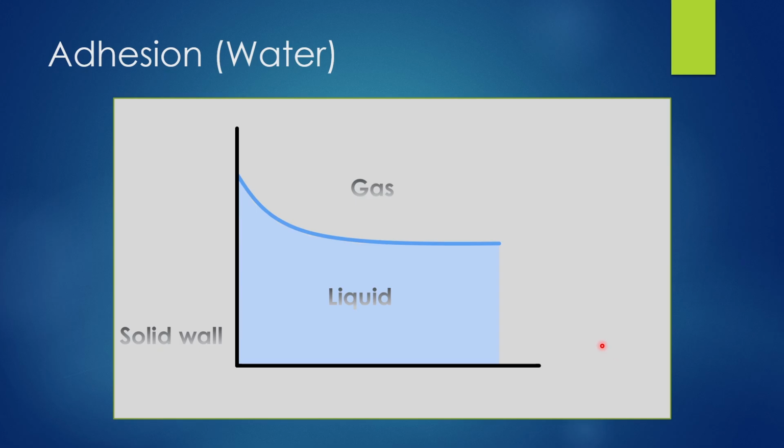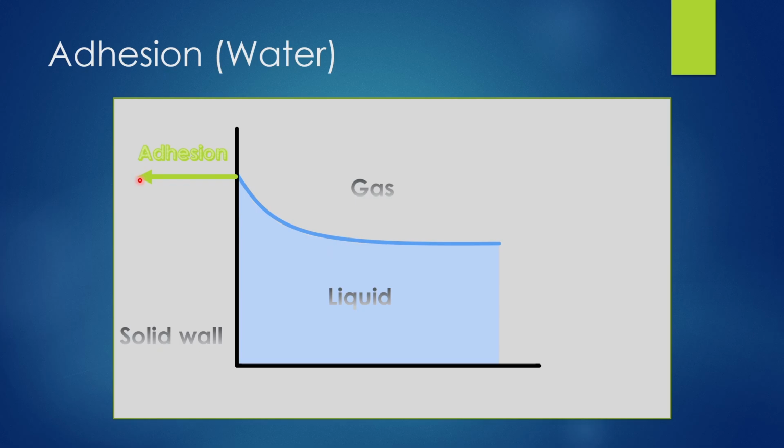Wetting of the solid object happens when the forces of adhesion are larger than the forces of cohesion. This happens in the air-water-glass scenario. This meniscus is going to be concave in this scenario. The forces of adhesion are perpendicular to the wall. They are directed to the wall of the solid glass object.